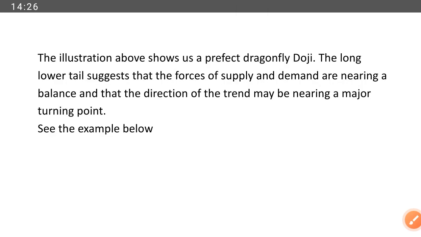Now, the illustration above shows us a perfect dragonfly doji. The long lower tail suggests that the forces of supply and demand are nearing a balance, and that the direction of the trend may be nearing a major turning point. See the example below. Look at this.